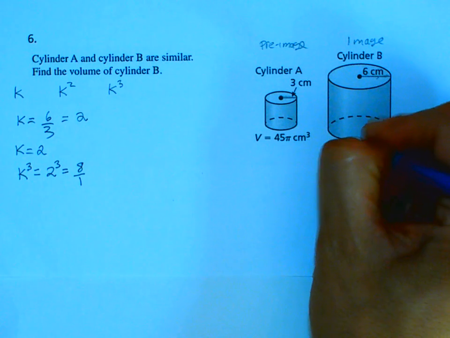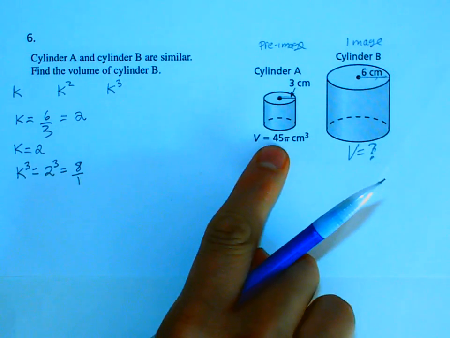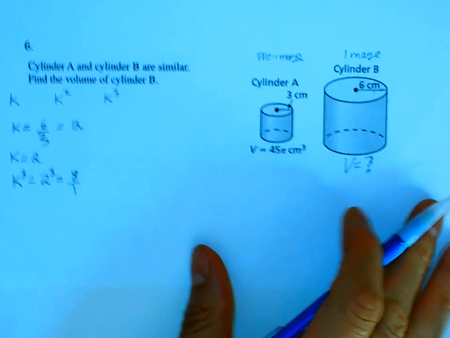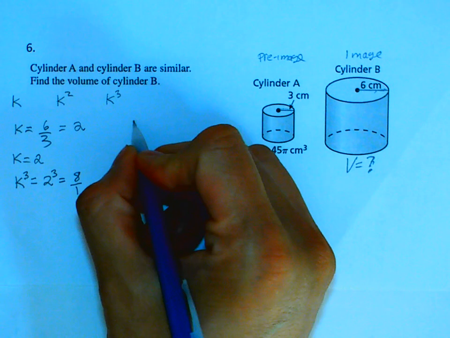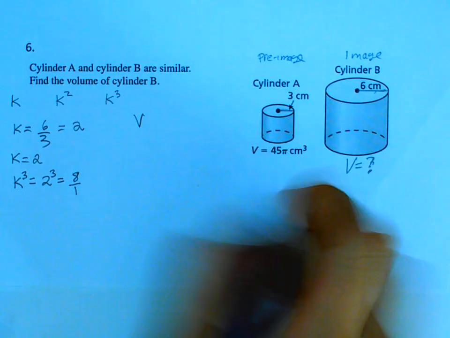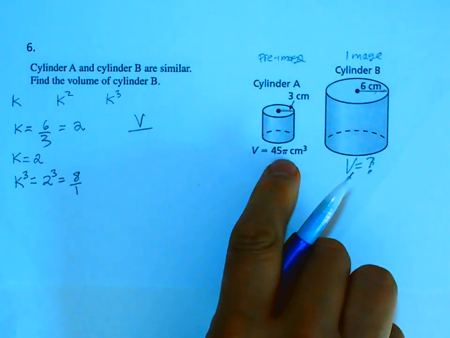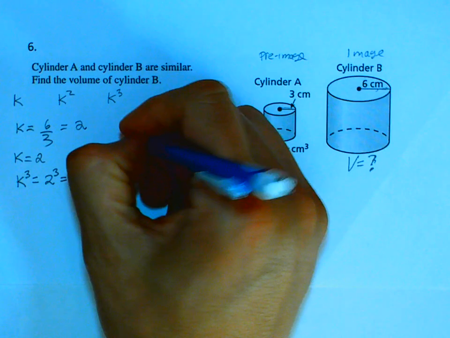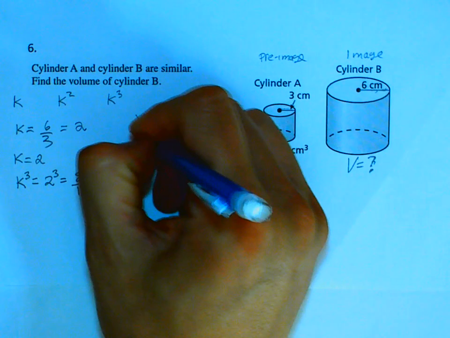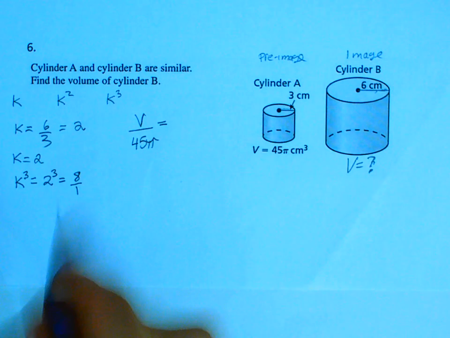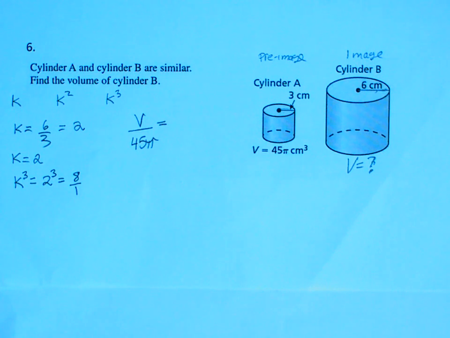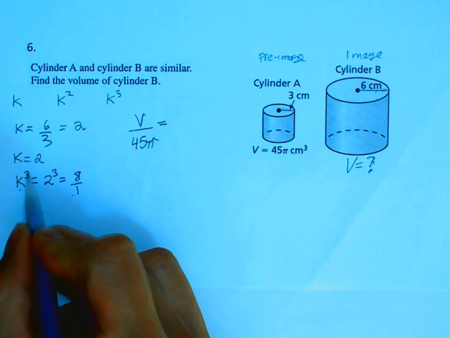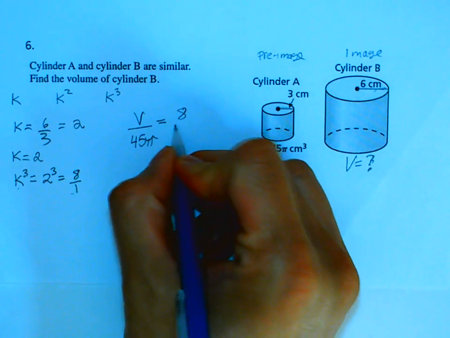That's my unknown. We know this one. So I know that the scale factor of the volumes would be whatever volume that is over the volume of cylinder A, which is 45 pi. Now, if I knew what volume V was, then that would reduce to this scale factor, K to the third, which is 8 over 1.